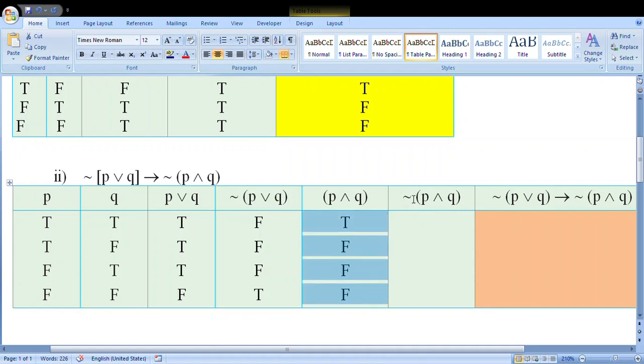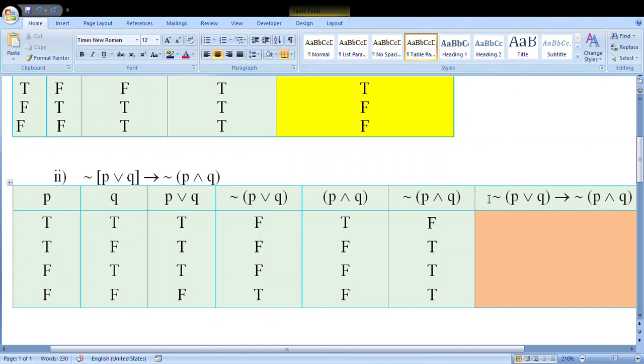Negation states to do the opposite. So opposite of T is F. Opposite of F is T. Opposite of F is T.